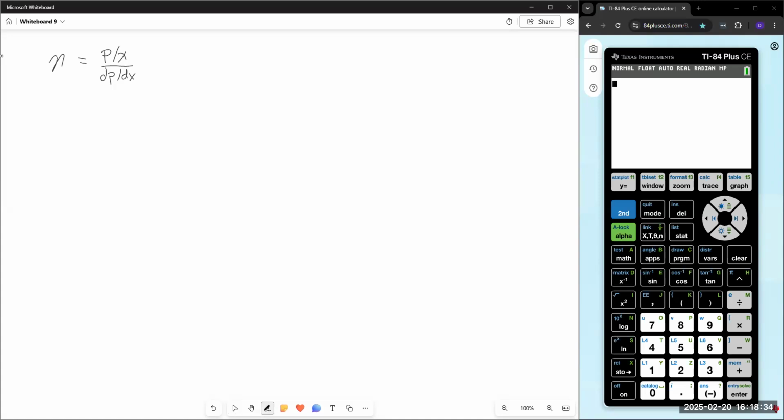So let's go ahead and define a few terms here. If the absolute value of eta is equal to 1, then we call that unit elastic.